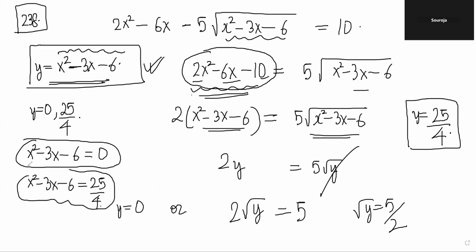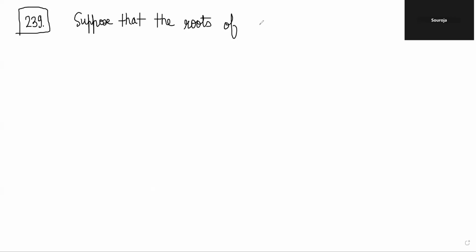Okay, so you can finish the problem later. Let's move on to 239. The question says, suppose that the roots of ax square plus b lambda x plus lambda equal to 0, where a and b are real numbers and they are given, so they're constants basically.